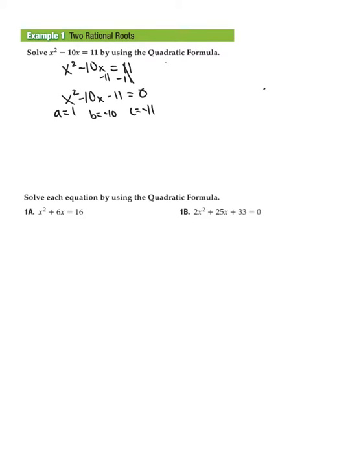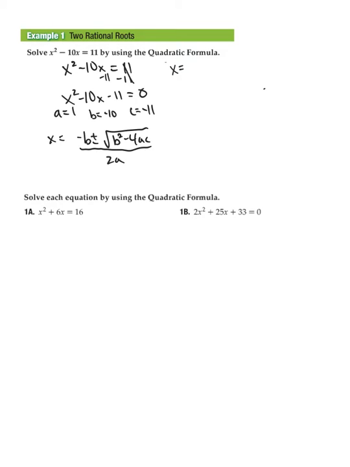Again, it has to be equal to 0. Notice the sign, it's a negative 11. It wouldn't have been the same if we didn't have it equal to 0. Okay, so plugging that into the quadratic formula, which I'll write down here: negative b plus or minus the square root of b squared minus 4ac all over 2 times a.